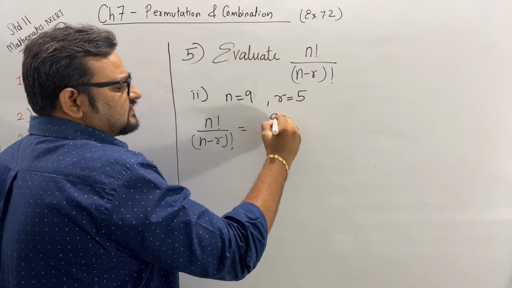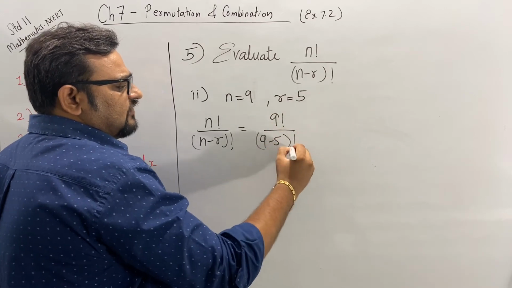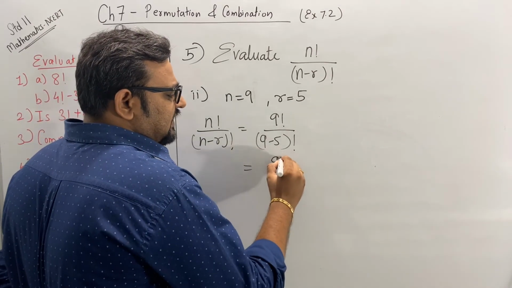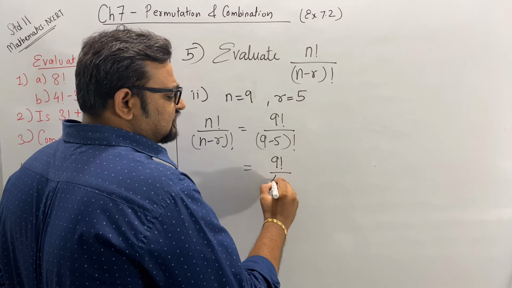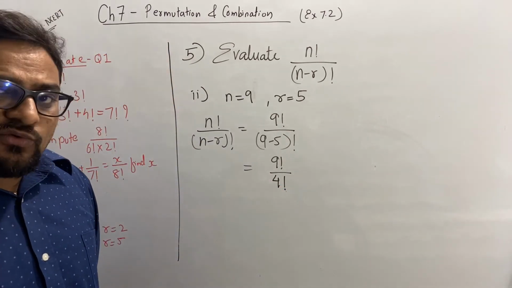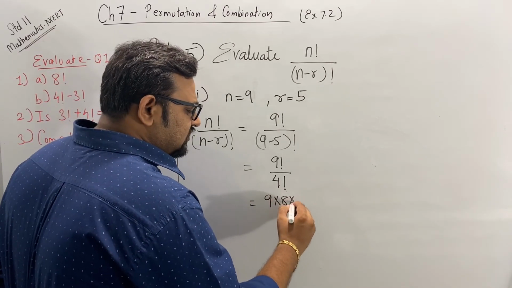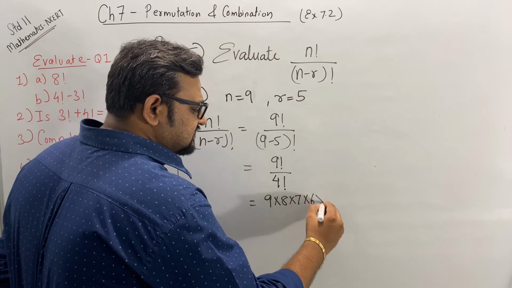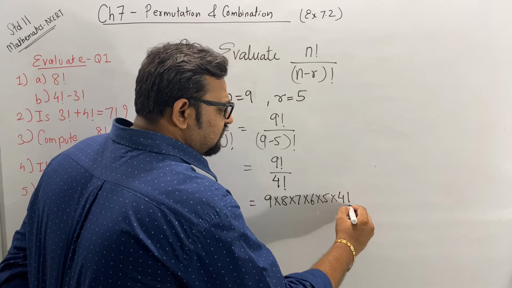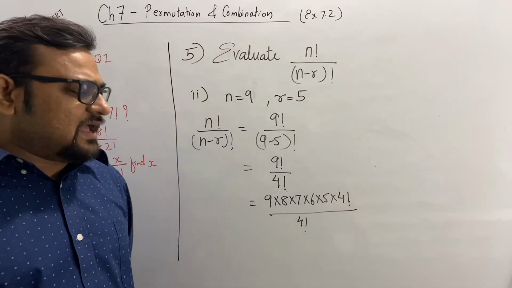So n means 9 factorial and 9 minus 5 factorial. So this will be equal to 9 factorial upon, what is 9 minus 5? 4 factorial. So now reduce it: 9 into 8 into 7 into 6 into 5 into 4 factorial upon 4 factorial. I stopped at 4.